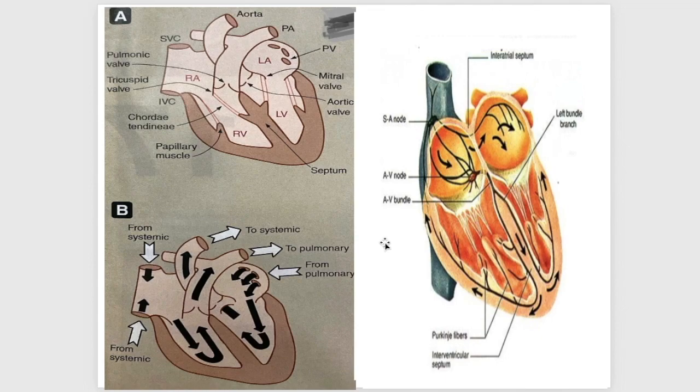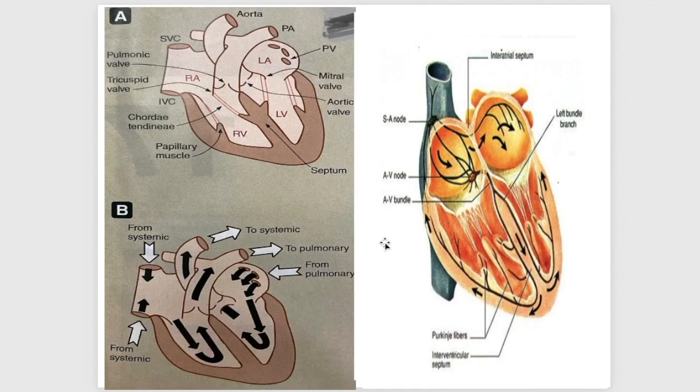The right and left atria contract simultaneously, pumping blood into the right and left ventricles respectively. Next, the impulse passes to the AV node, which sends it to the AV bundle, and in the meantime the right and left atria relax.